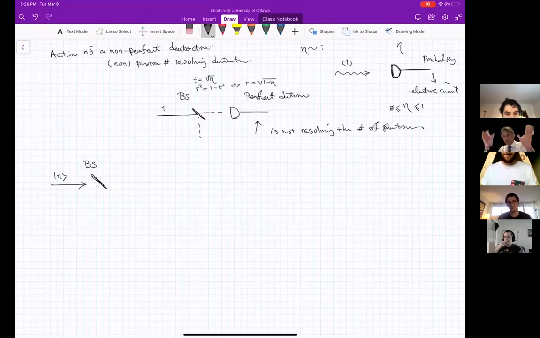Remember, the detector does not resolve how many photons I get. I want to challenge myself: if I have a bad detector, or a detector which has a certain quantum efficiency, does it see 2 photons? Does it see 3 photons? Does it see 1 photon? Or is the probability of all of them identical? You know what I mean?